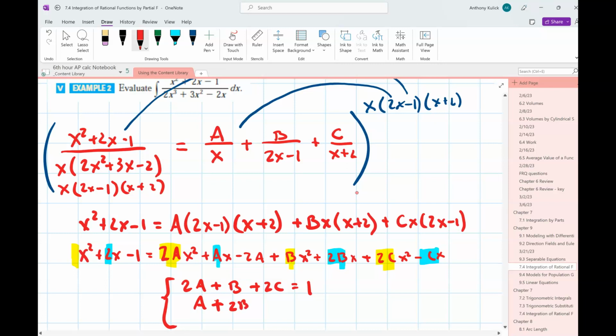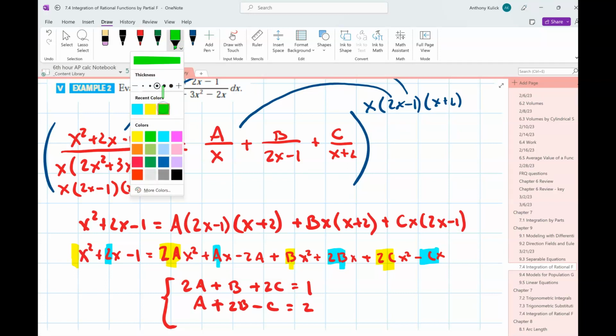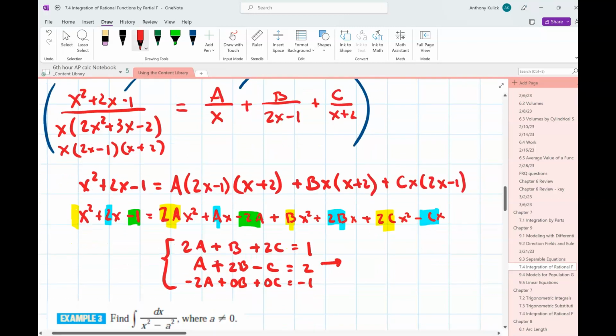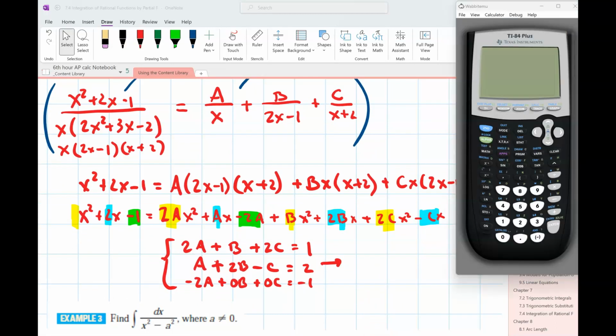Plus 2b minus c equals 2. And then my last equation is for the constants. So -1 equals -2a. That's it. So we're going to go ahead and set up a new matrix.